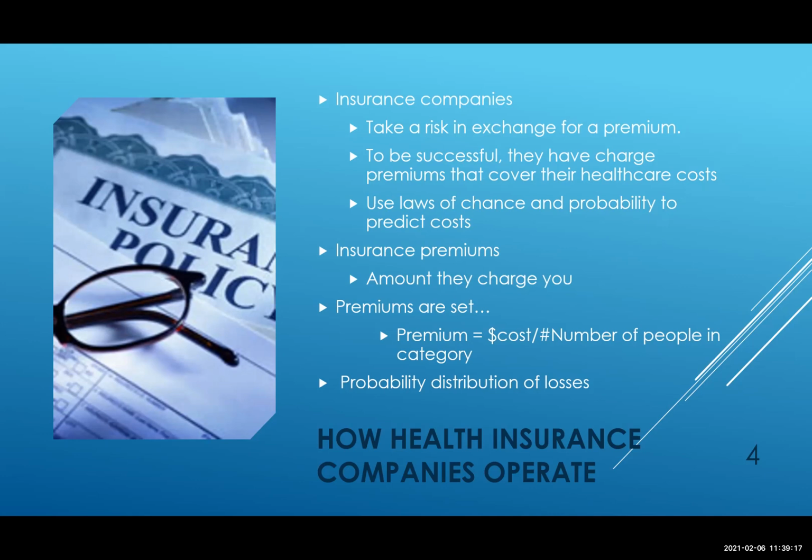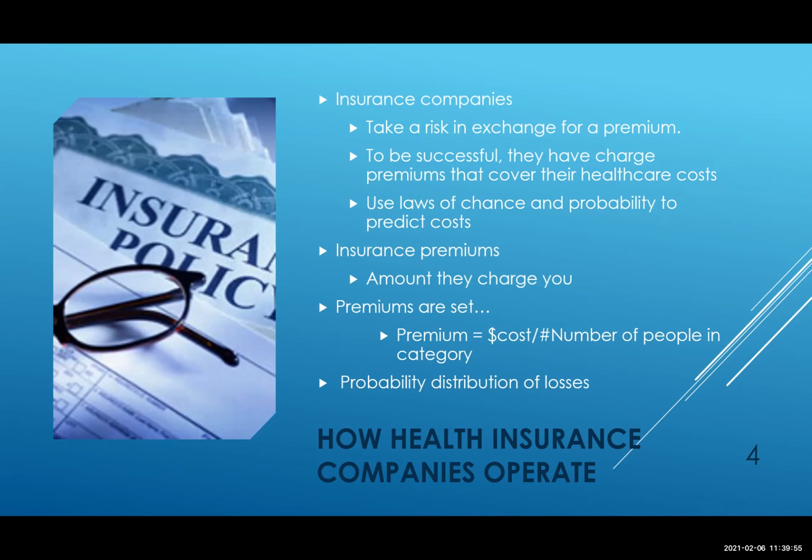And the categories are usually defined in the United States by where you work, because most of the health insurance goes through employers, right? I've used this example quite a bit, but I think it's a good one for this. My family is under the university insurance, because the university, for the number of people, the category is basically healthy college students and professors that don't really take a lot of risks, right?